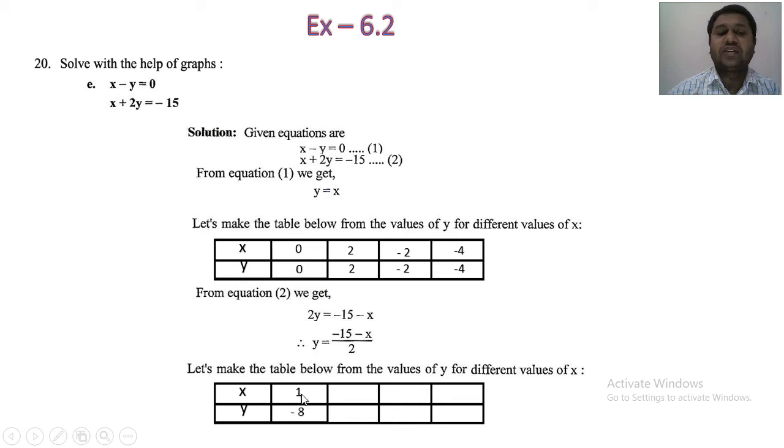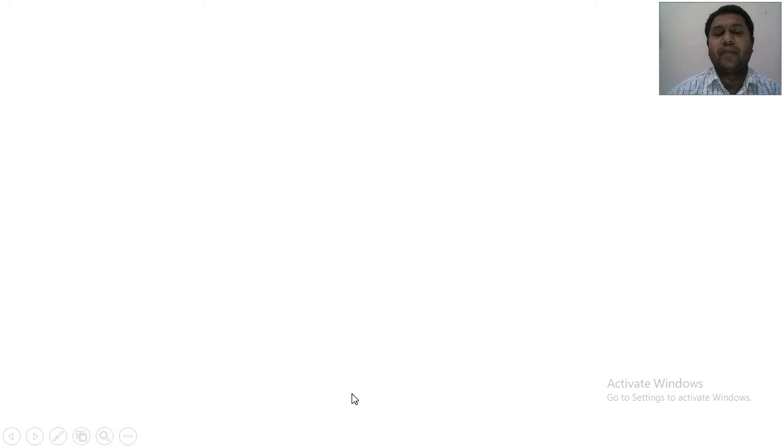So I will just write 1. If I let the value of x equal to 1, then it is minus 15 minus 1, that is minus 16 by 2, that is minus 8. Similarly, if I let it be minus 1, then it will be minus 7. If I use the value of x equal to minus 3, I will get minus 6. For minus 7, it will be minus 4.